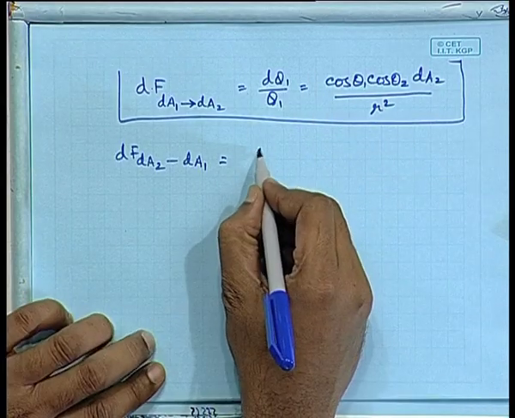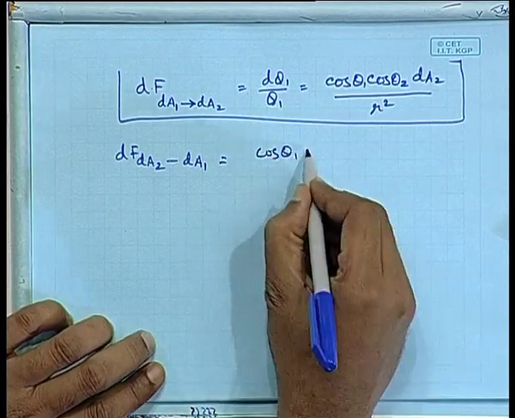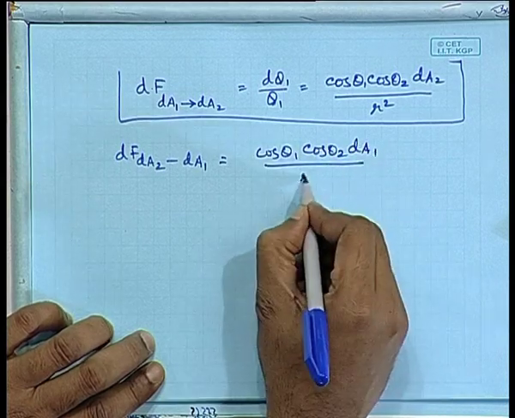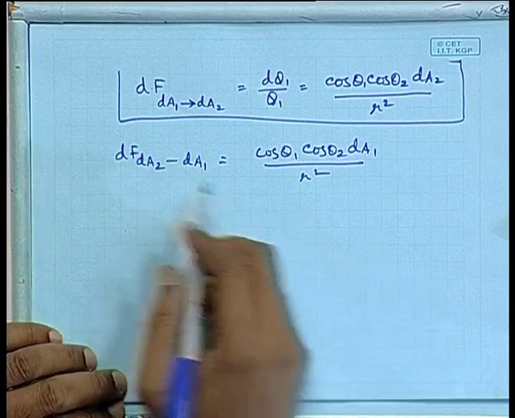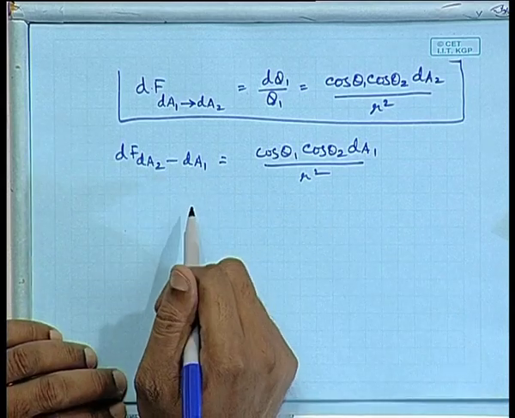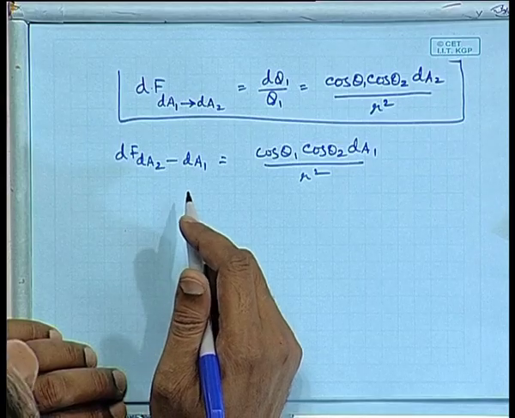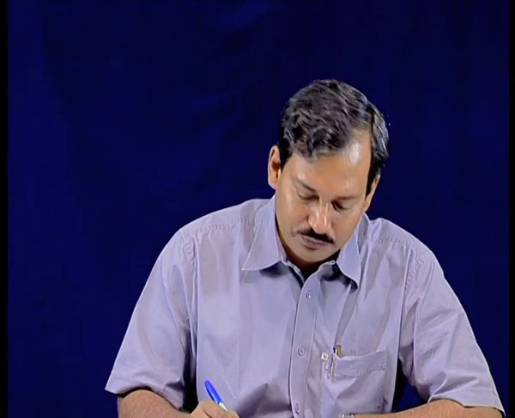So, what I have then is again cos theta 1 cos theta 2 dA1 by r square. That is going to be the view factor from A2 to A1, which simply gives us the relation we are looking for, the relation of view factors 1 to 2 and 2 to 1.